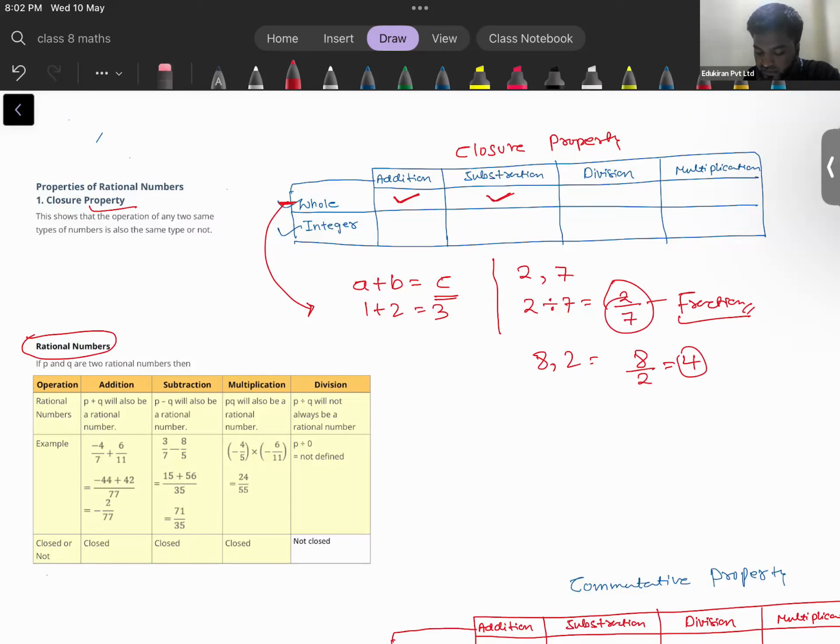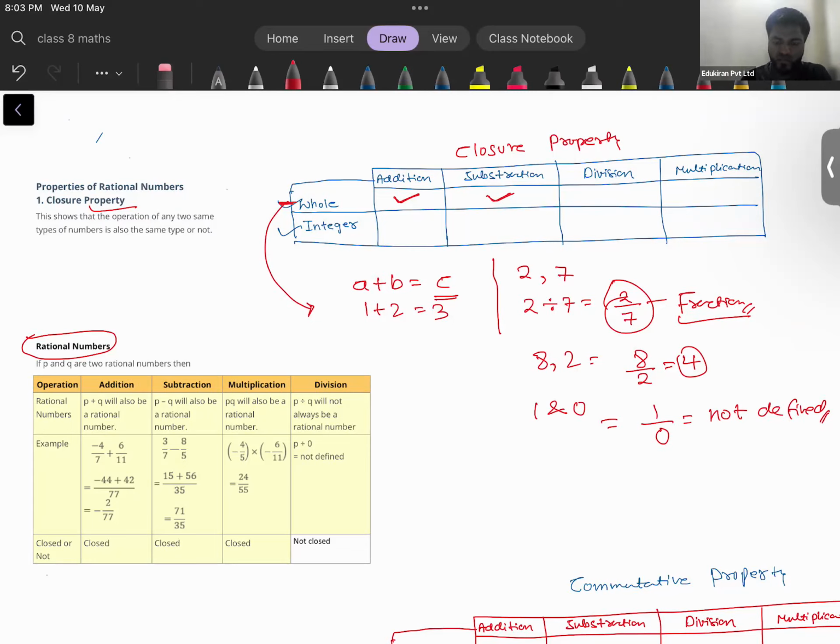Similarly, if you take 1 and 0, 1 divided by 0, that is not defined. You cannot define it. Right, Ikra? You cannot divide any given number by 0. If I give you a piece of cake and I ask you to divide it in 0 parts, that doesn't make sense.